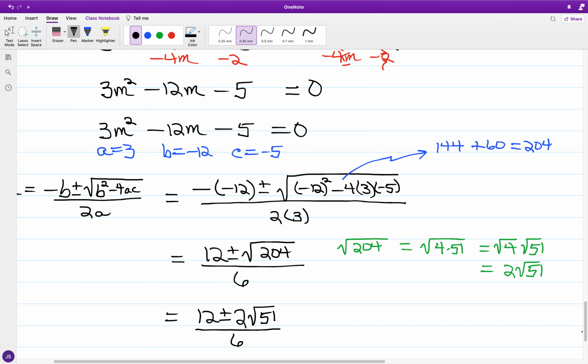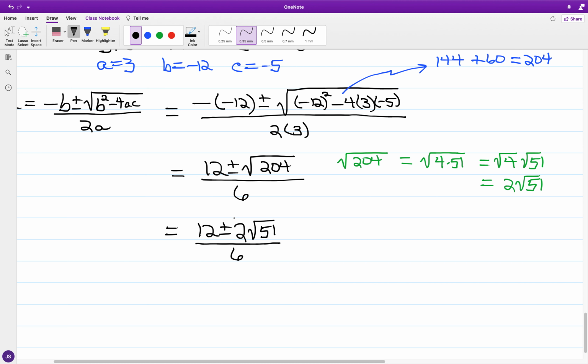Now for what we have here, you can do separate modes of reduction. One approach: we've got 12, 2, and 6, so we have even-numbered coefficients. I'll show you at least one pathway.